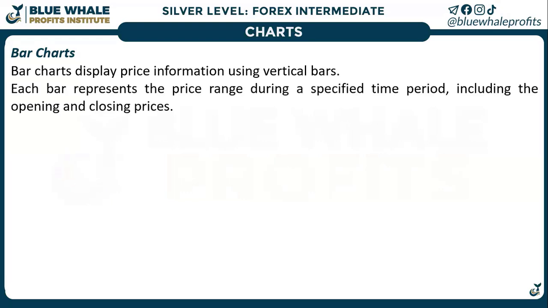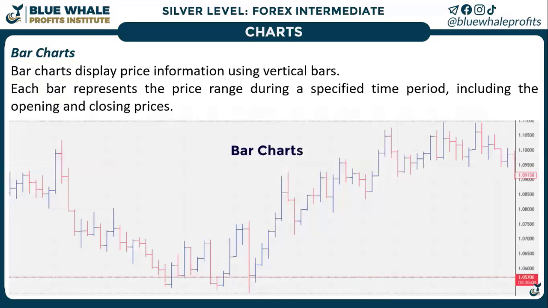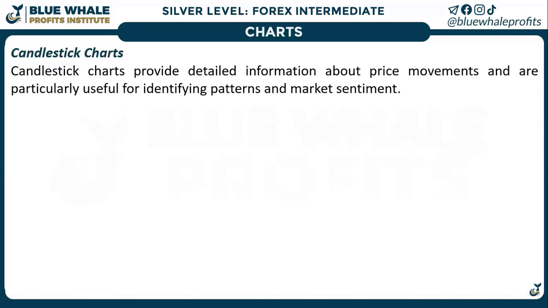Okay, so you can see that there will be a bar with a hang on the left and another hang on the right, which represent the open and then the close. All right. So when you look at it, this is how a bar chart looks like. Each bar represents the price range during a specific time period, including the open and then the closing prices.